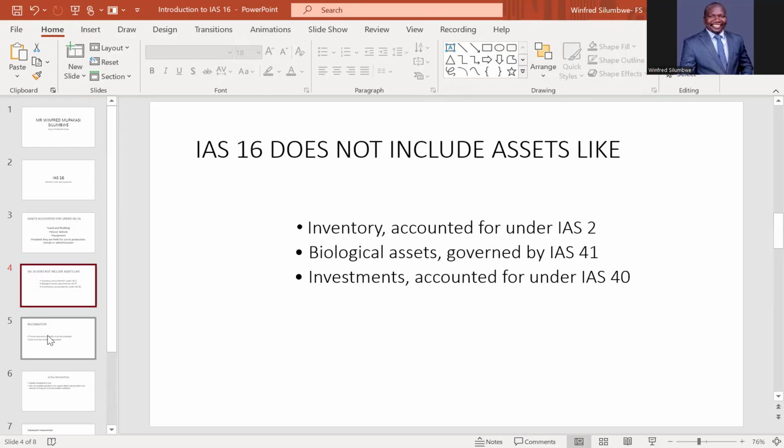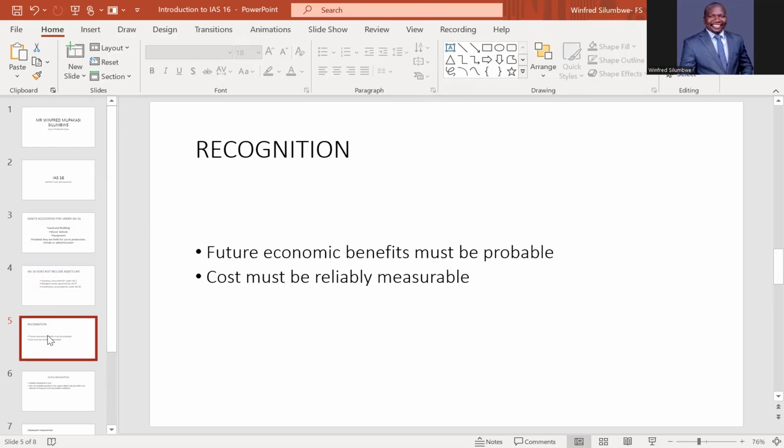Very, very important. Let's talk about recognition now. How do you recognize property, plant, and equipment? We're saying you only recognize it in your books of accounts if you know that the future economic benefits are probable. When we say probable, it's more than 50%.